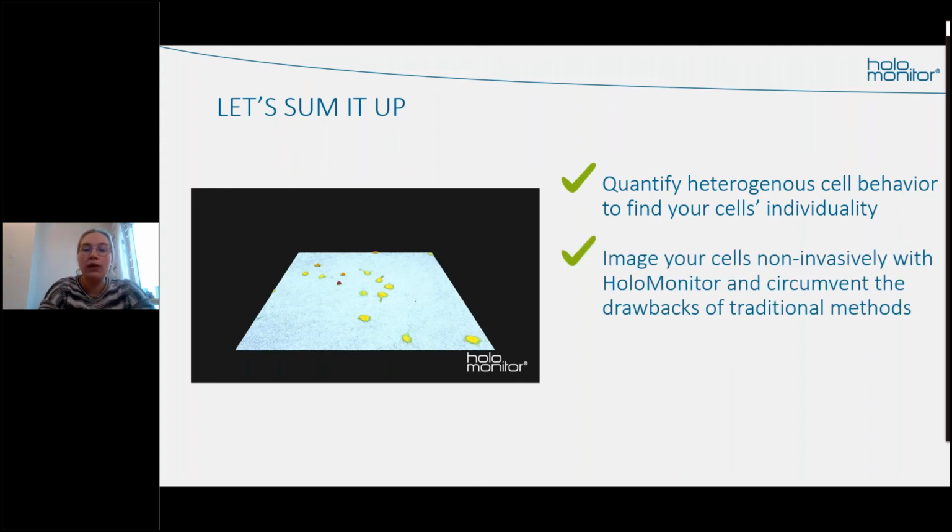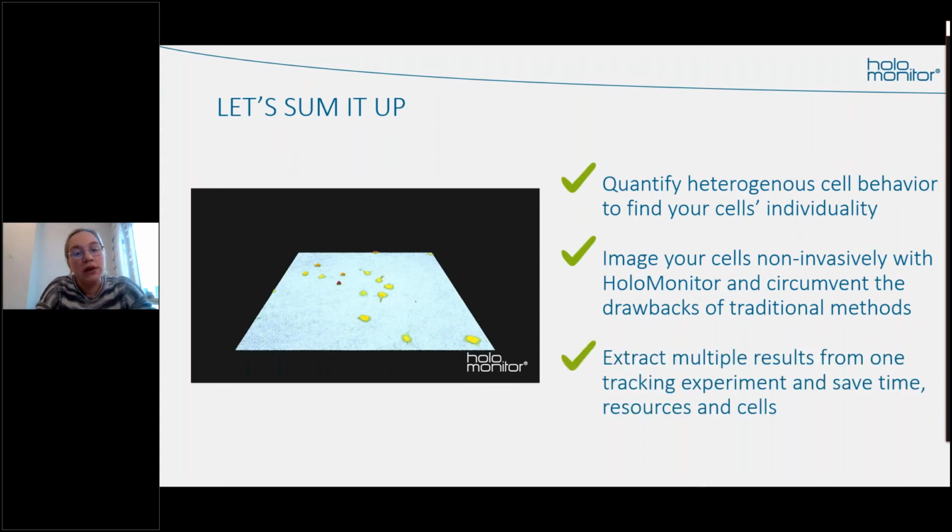Because with the HoloMonitor, you image cells in a non-invasive way while not compromising on quantitative data, but at the same time circumventing many of the drawbacks with conventional methods. Lastly, because with the HoloMonitor system, you increase your productivity by learning more from every experiment, by extracting multiple results, which will save you time and save your cells.